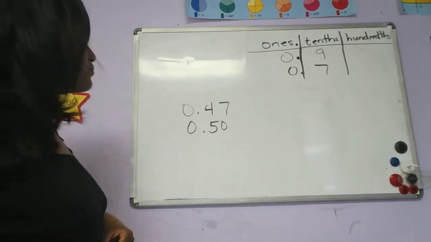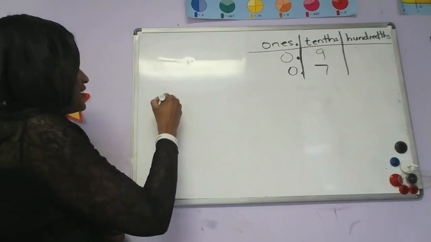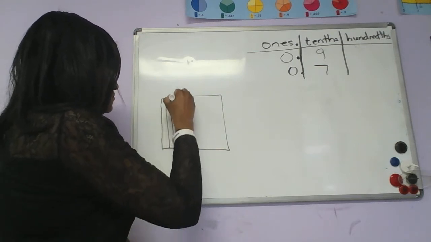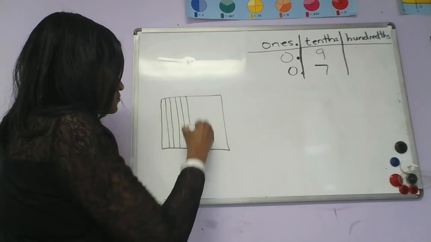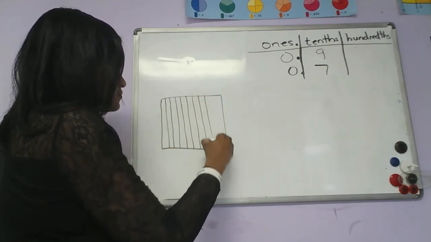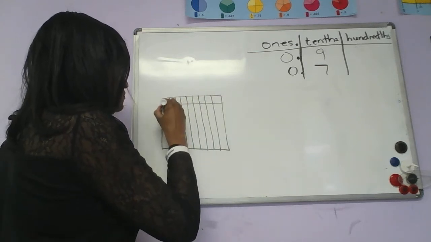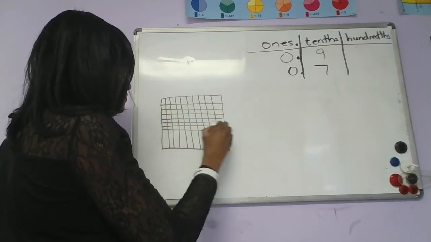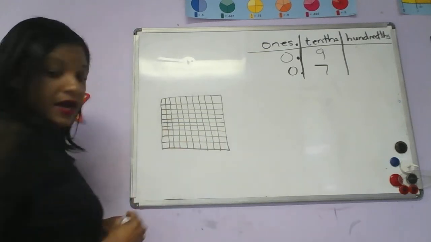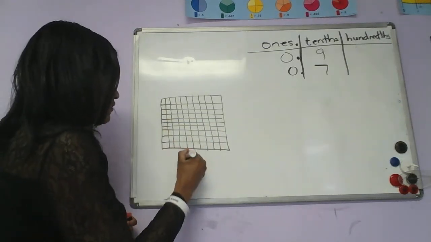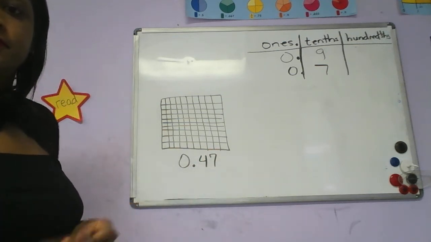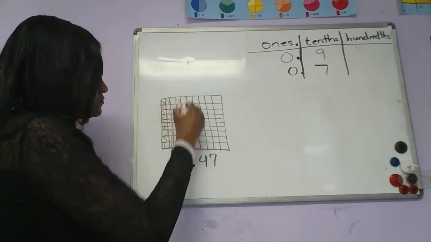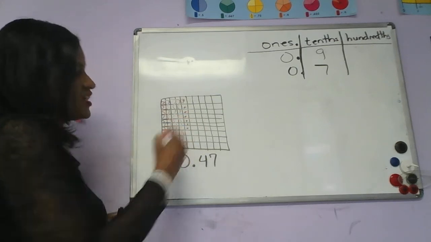We can try drawing this, and again, you can pause the video and try it on your own and see which one you think is greater. So this is 47/100.